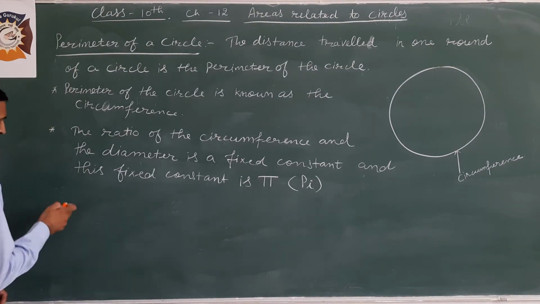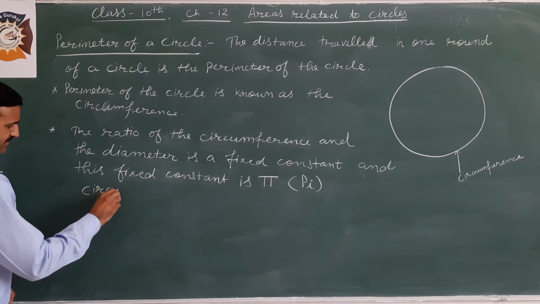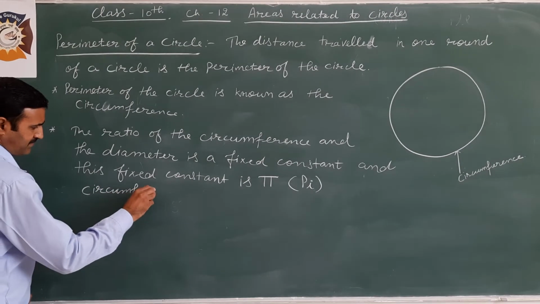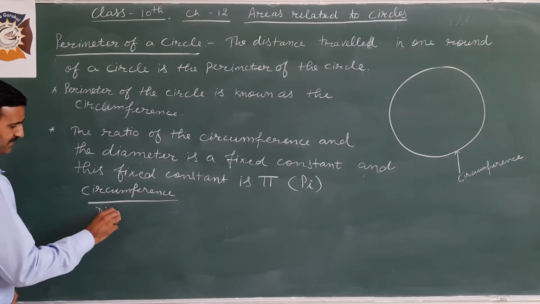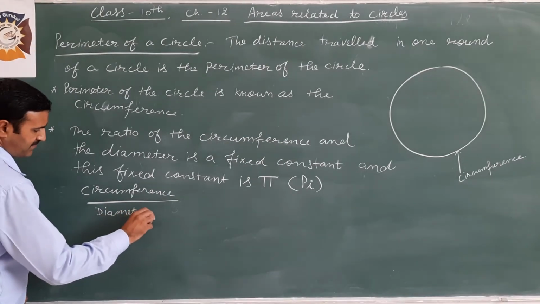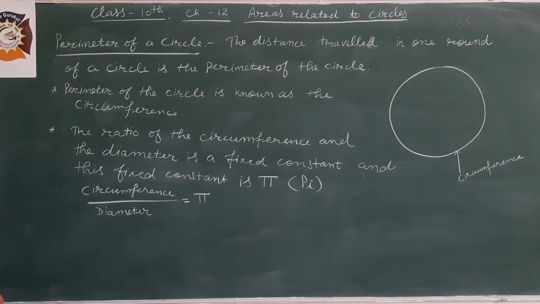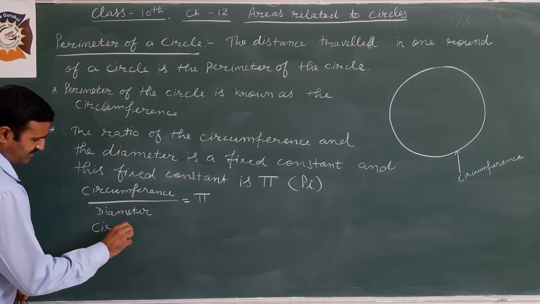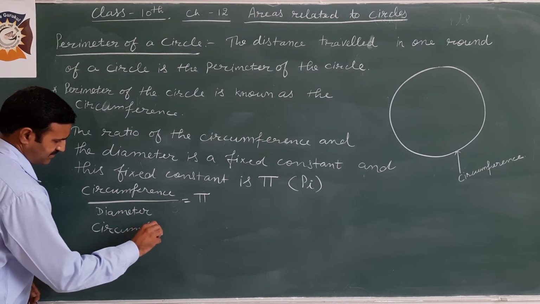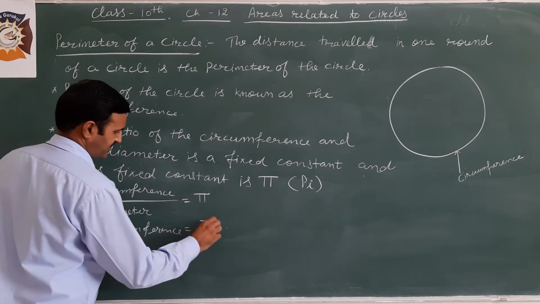So we can say circumference upon diameter is pi. On cross multiplying, circumference is pi into diameter.